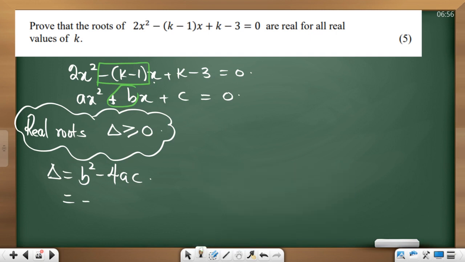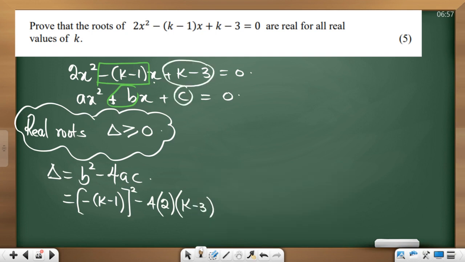So what do we have? Minus (k minus 1) all squared minus 4. What is my a? 2. What is my c? My c is k minus 3, the whole thing here. Okay, that's my discriminant.